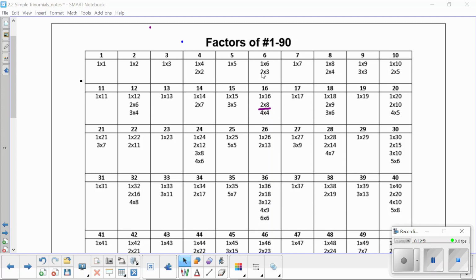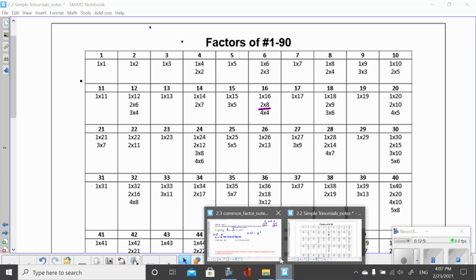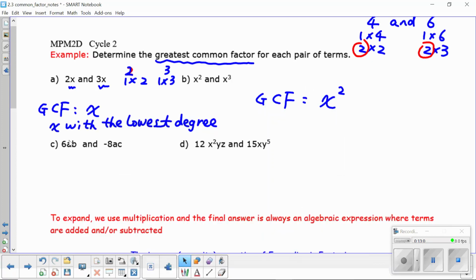The greatest one will be 2. So then we go back. For this one, the greatest common factor for the numbers is 2. From 6 and 8, 6 could be divided by 2, 8 could be divided by 2. This is the greatest common factor for the number part.